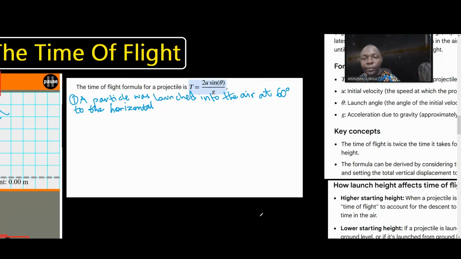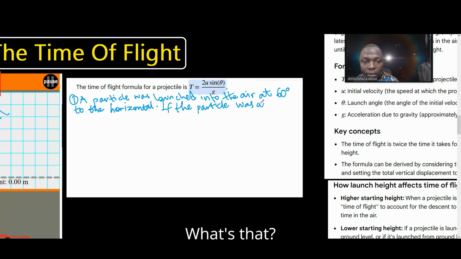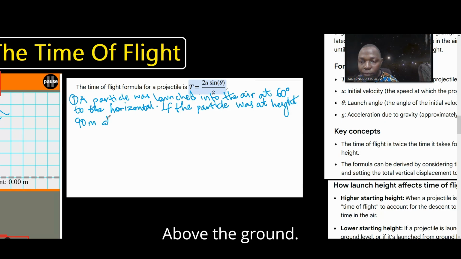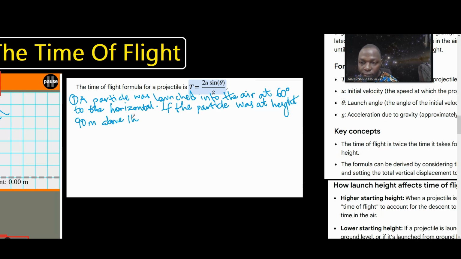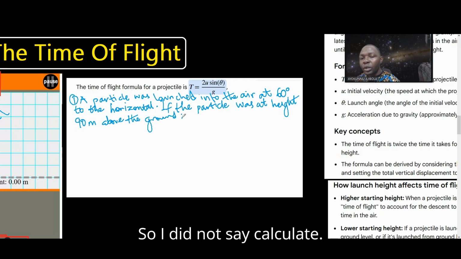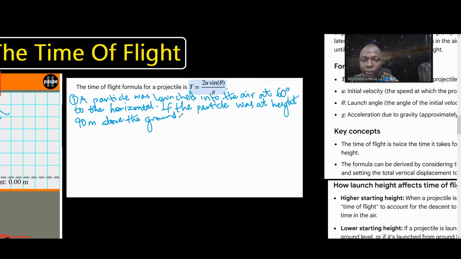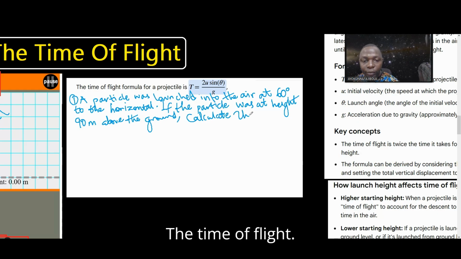Now, if the particle was at height 90 meters above the ground, so they now say calculate the time of flight.